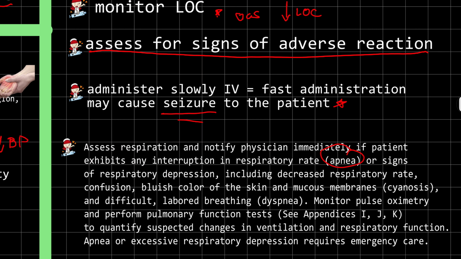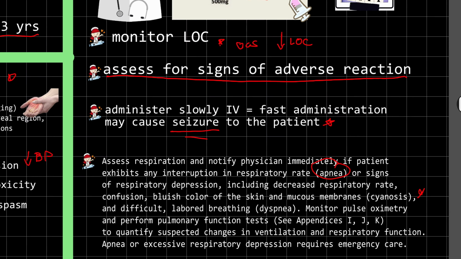Cyanosis is actually a clear indication of hypoxia. And difficulty or labored breathing, yung tinatawag nating dyspnea. Monitor pulse oximeter and perform pulmonary function test to quantify suspected changes in ventilation and respiratory function. Apnea or excessive respiratory depression requires emergency care.